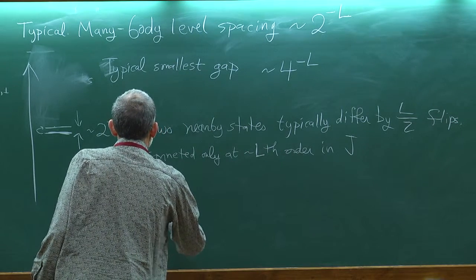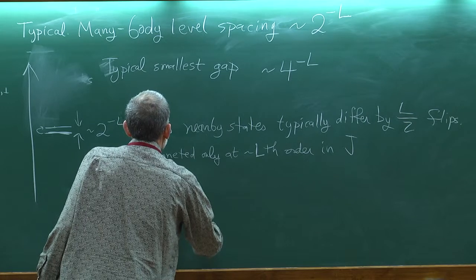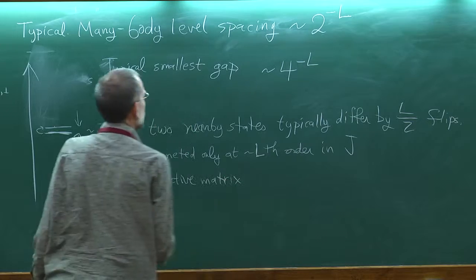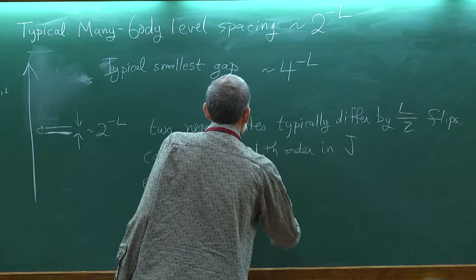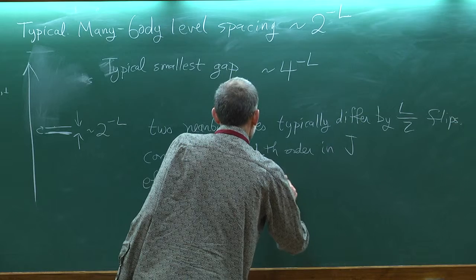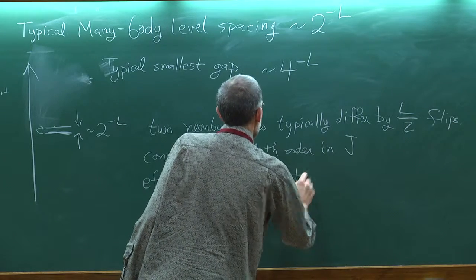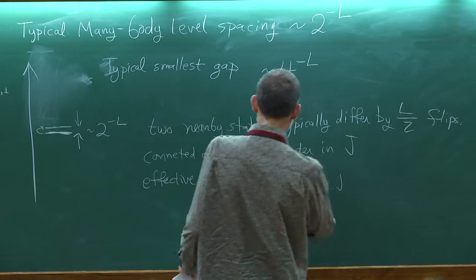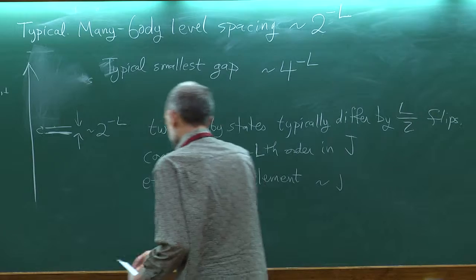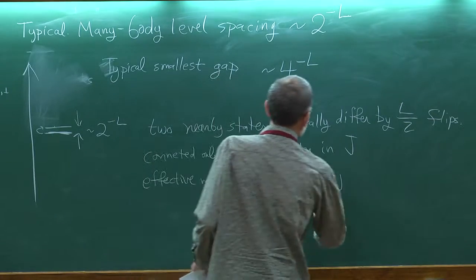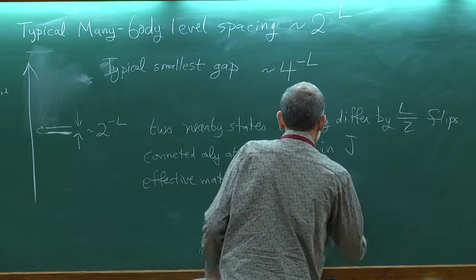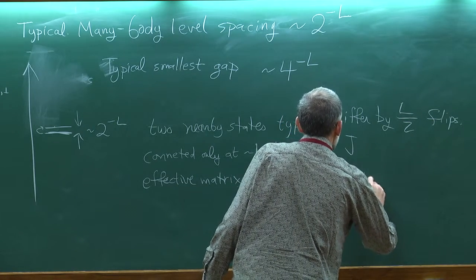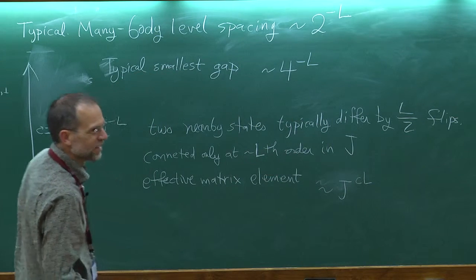And so the effective matrix element, when you do perturbation theory, where the perturbation is small, something that's Lth order in perturbation theory is going to go as, actually, it's not strictly Lth order, but let me write it this way: J to some constant times L. It's not necessarily going to be exactly Lth order.